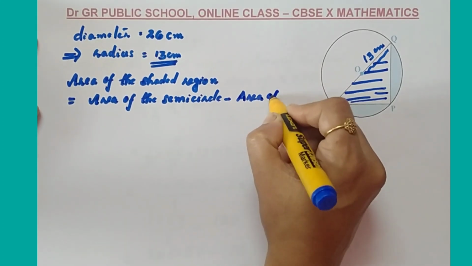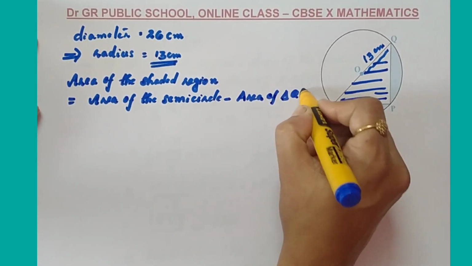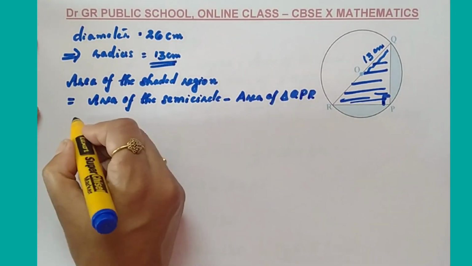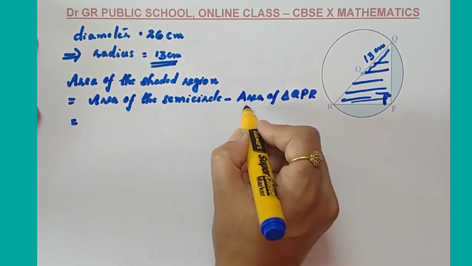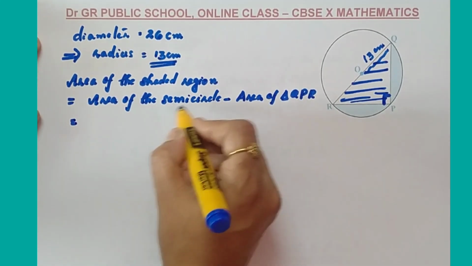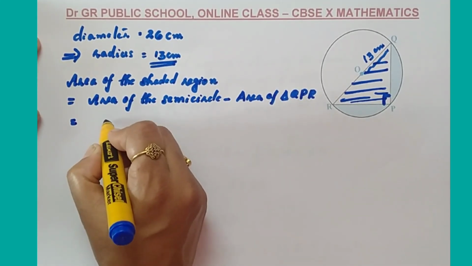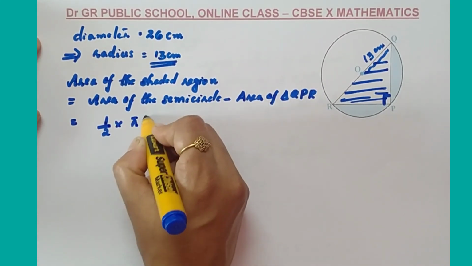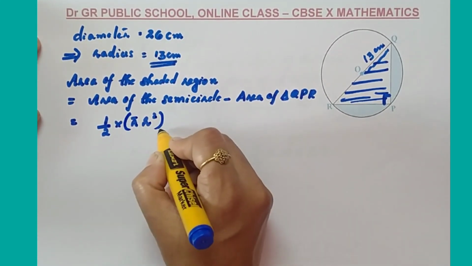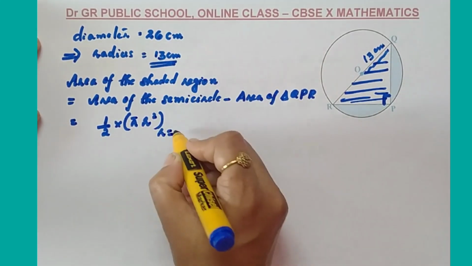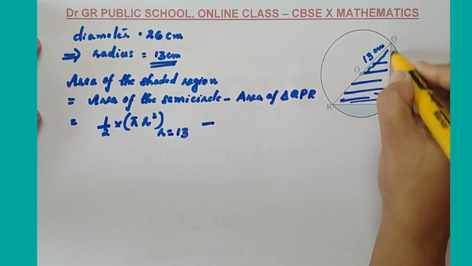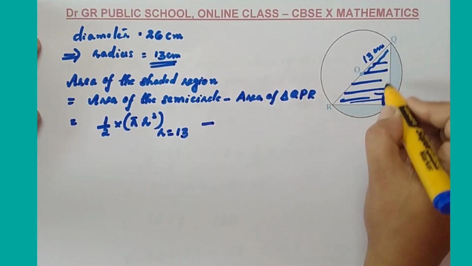Area of triangle QPR. But we know that this triangle is a right triangle, and hence I am going to substitute the formula here. Area of a semicircle: the area of a circle is pi r square, so area of a semicircle is half pi r square, where the radius is obtained as 13, that we need to substitute in the formula, minus triangle QPR is a right triangle.